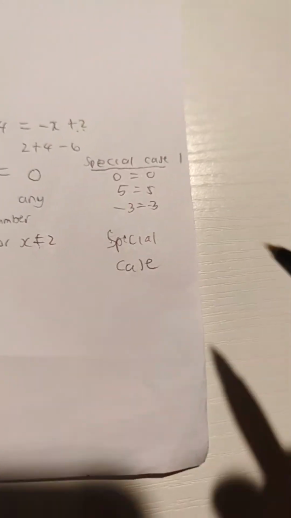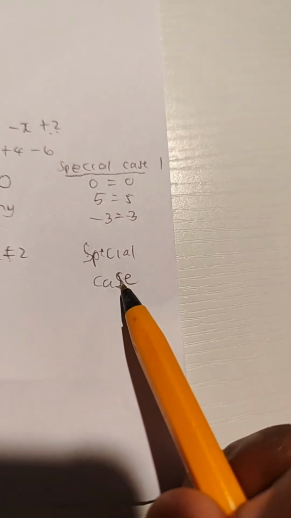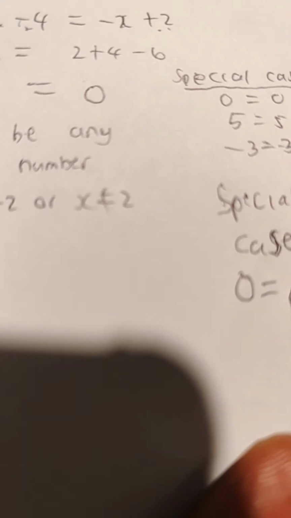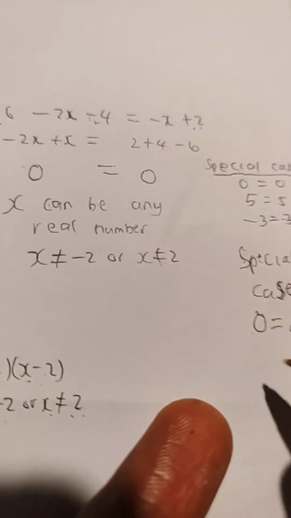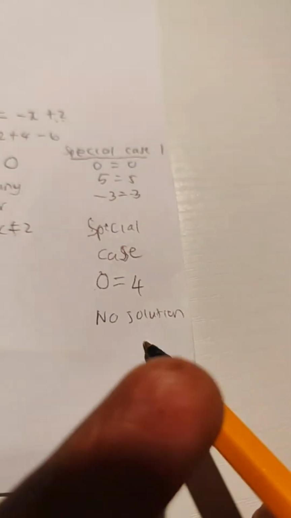Yeah, if ever you find yourselves, guys, in a situation where, for instance, we have an equation and a number is equal to maybe like this, we have different numbers, then that means no solution. It always means no solution.